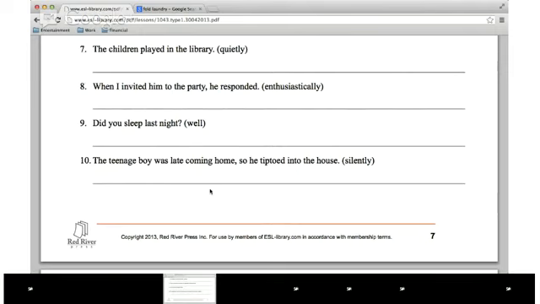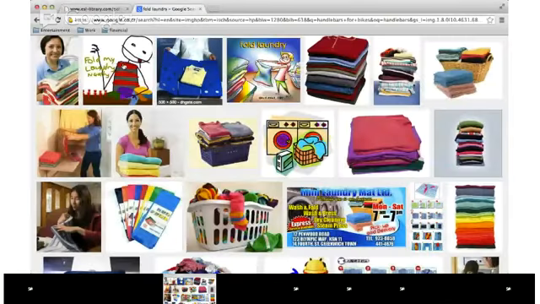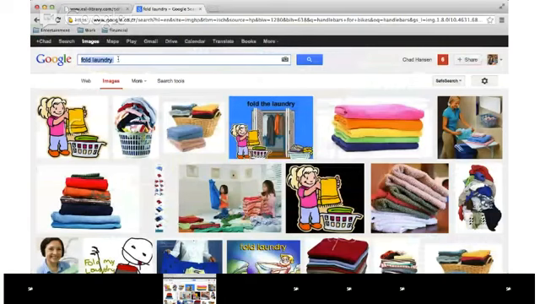Teacher, what is the meaning of growled? Growled. Okay, great question. Now we use this in 2 different ways. So let's see.